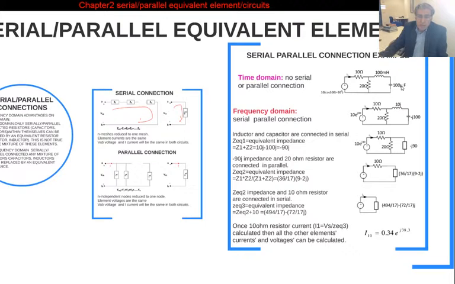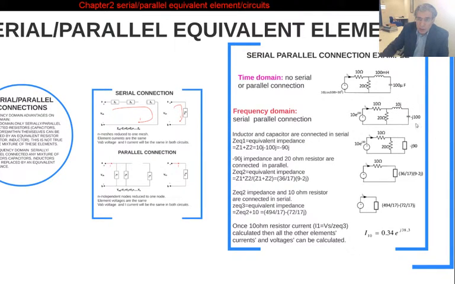But in the frequency domain, the definition relation of this is VL equals 10j IL, and here VC equals minus j100 IC. That means these are serially connected, currents are the same, so you can add the impedances.